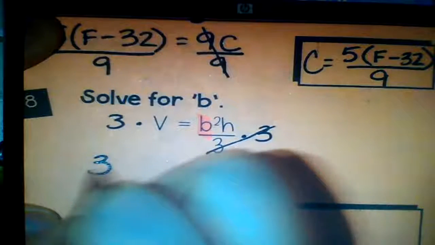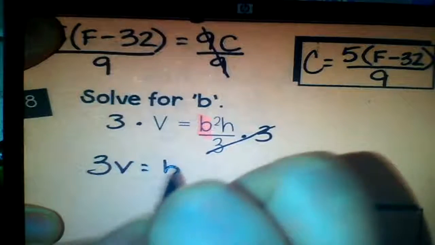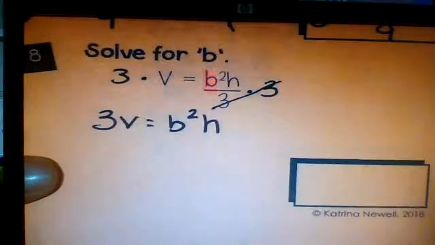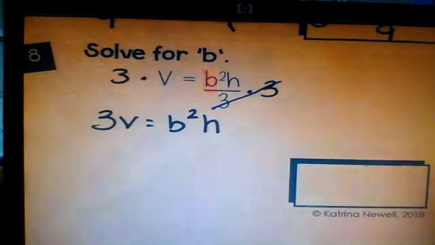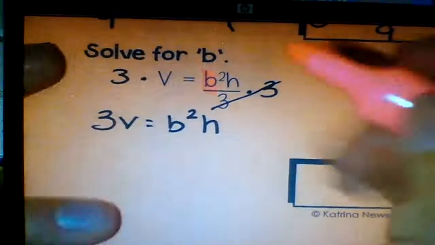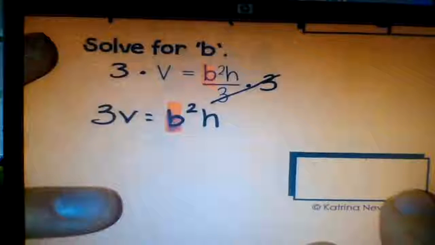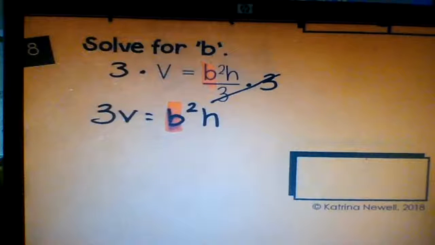So you've got 3V equals B squared H. Careful, it's not times 2. Because B times B equals B squared. B times C does not equal B.